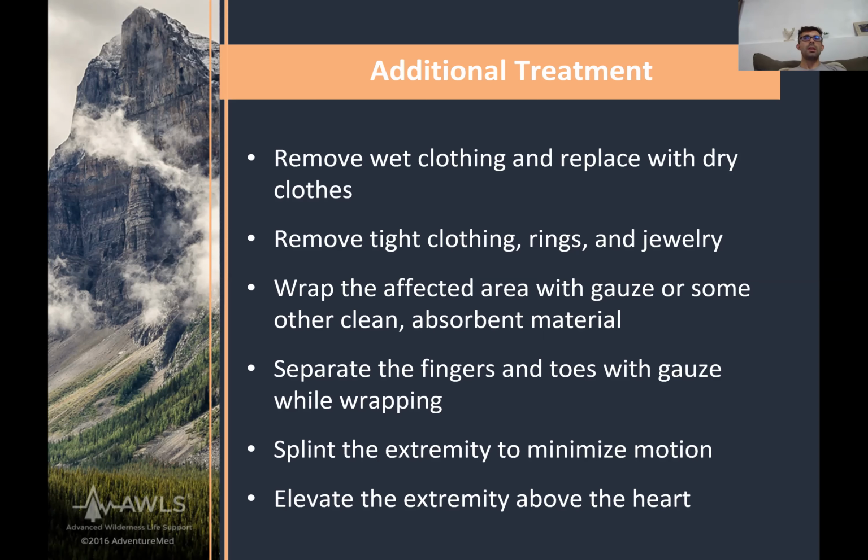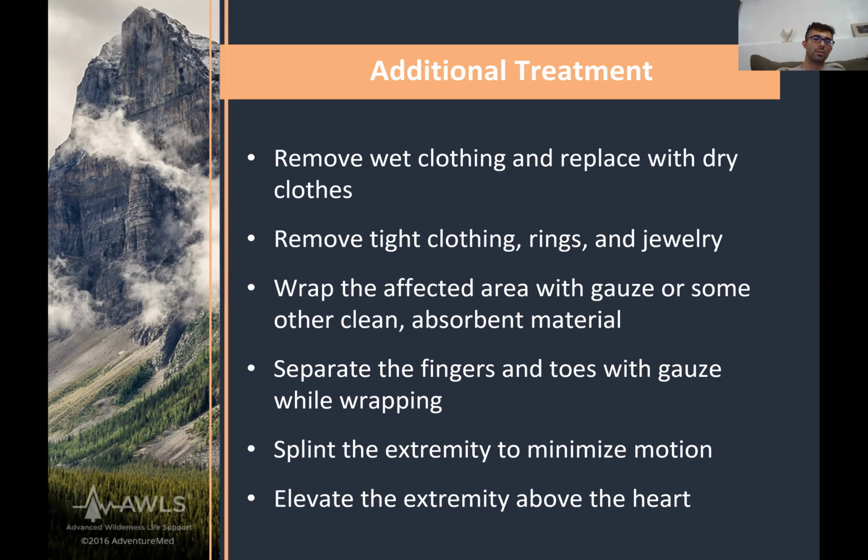If a patient is not going to be rewarmed in the austere setting, then you can splint them, but allow function, because they're going to have to aid in their own extrication. So splinting them will lead to decreased rates of injury.